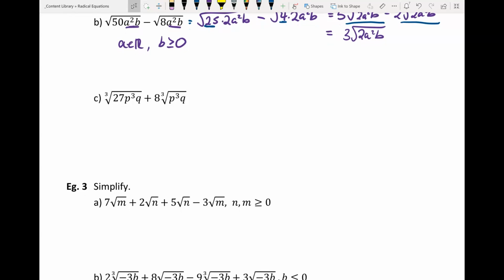Then for part C, similar to the last ones, it looks pretty close. We have the cube root of 27p to the power 3q. I'm going to try to make this into a mixed radical for our first term. We can take the cube root of 27 because that's 3.